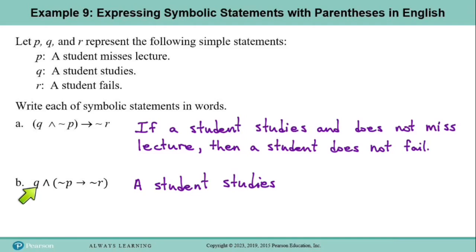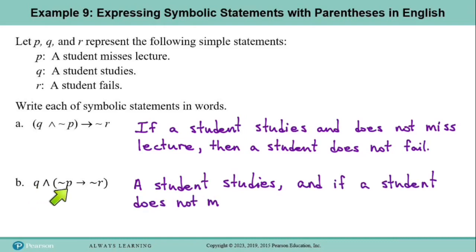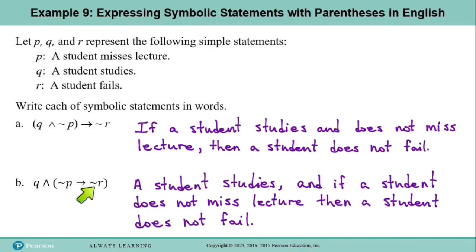So a student studies, comma, and if a student does not miss lecture, then a student does not fail. So you see where the comma goes. We needed a comma because the comma shows that we have this grouping here, but we needed the comma to come before the word and.